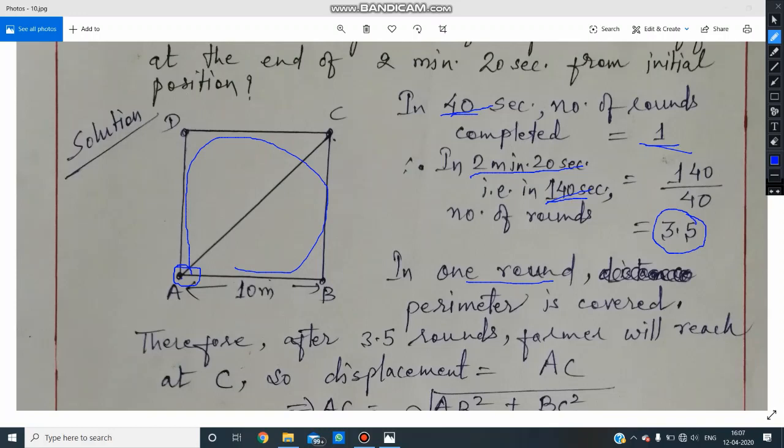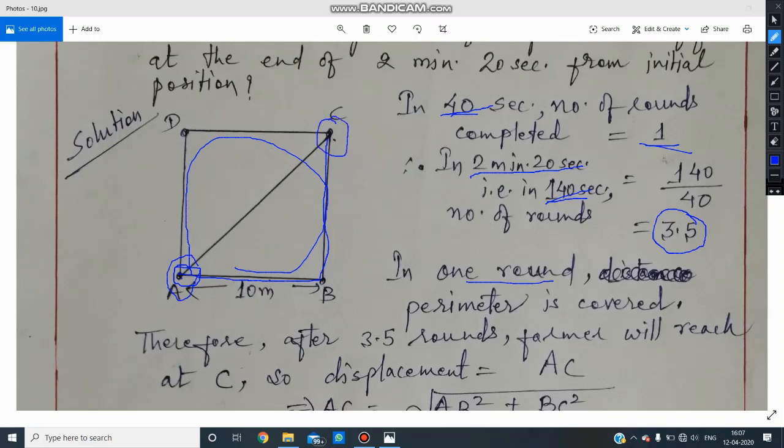So after 3.5 rounds, it is quite clear that after 3 rounds he will be back on A, and after half more round he will be covering half the length of the field, which will be from A to C, and that's why his final position after 3.5 rounds will be C.